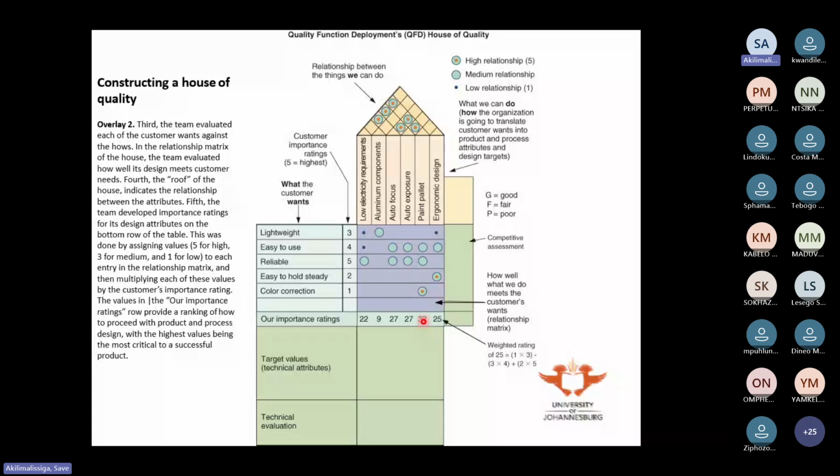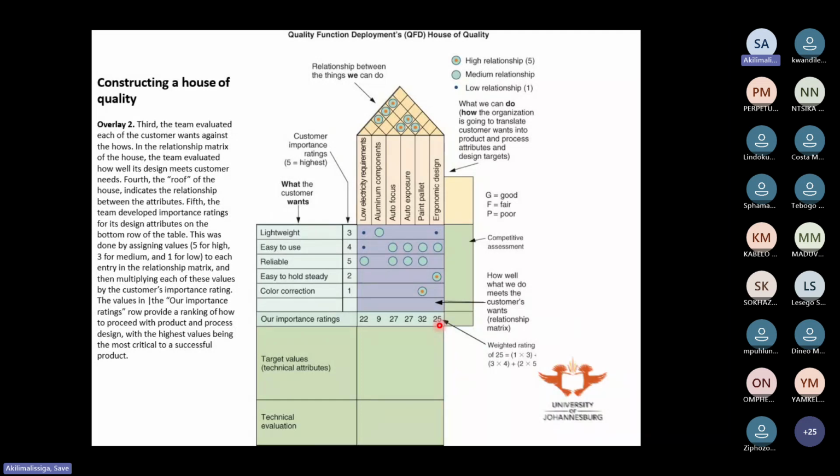So in other words, you are prioritizing the product attributes where resources need to be gathered in order for that attribute to be completed or sourced. So you are getting some kind of priority here.